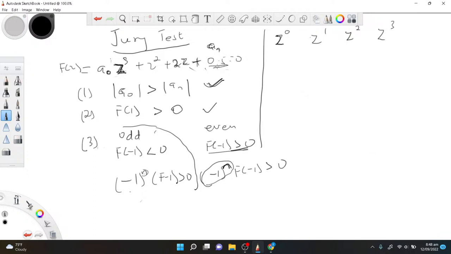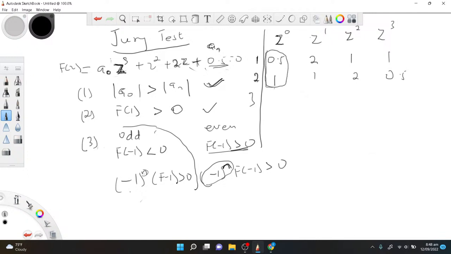This one has the least power of z, so 0.5, 2, 1, 1. This is your first row. Your second row, you just swap. So you start from here: 1, 1, 2, 0.5. And for the third row, just do the determinant of this.